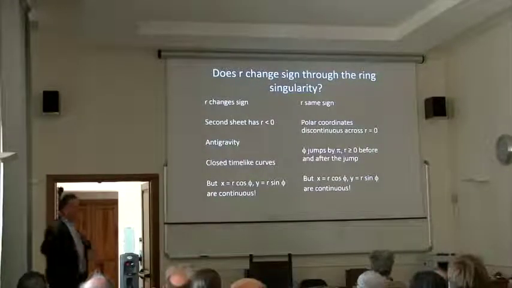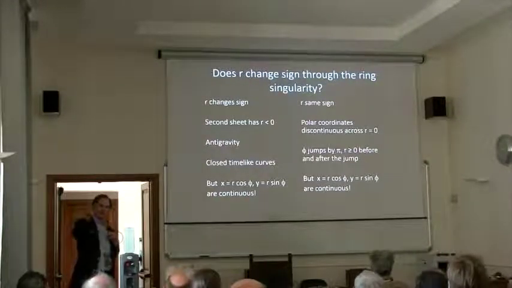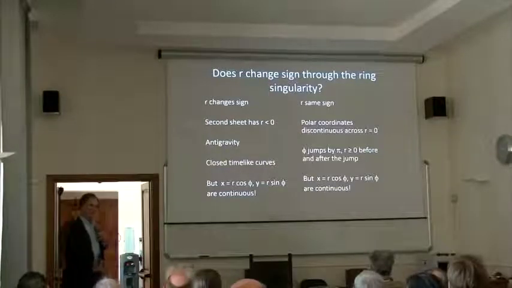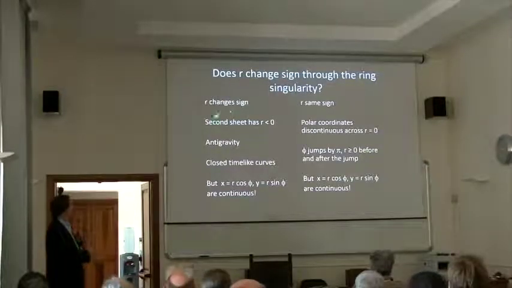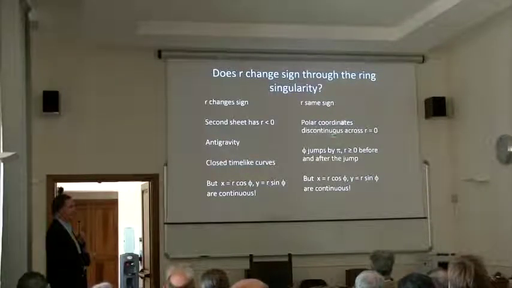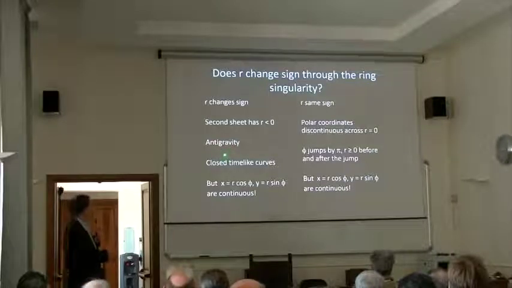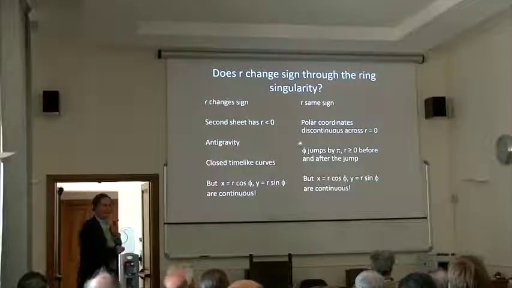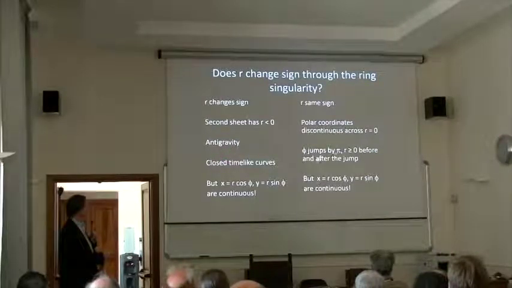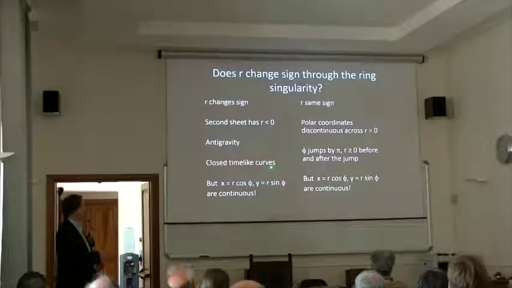And so passing through the central disk, the r equals 0 disk of the Kerr solution, rather than r changing sign, r might be positive on both sides, but with the angles being discontinuous, so that the gravity remains attractive rather than repulsive. The angles jump. There would be no closed time-like curves.